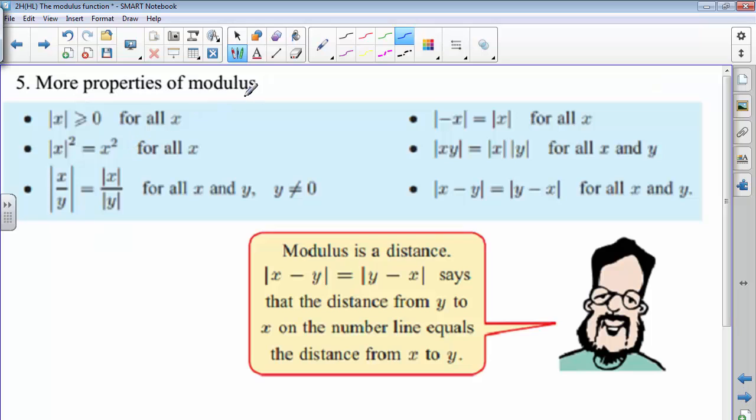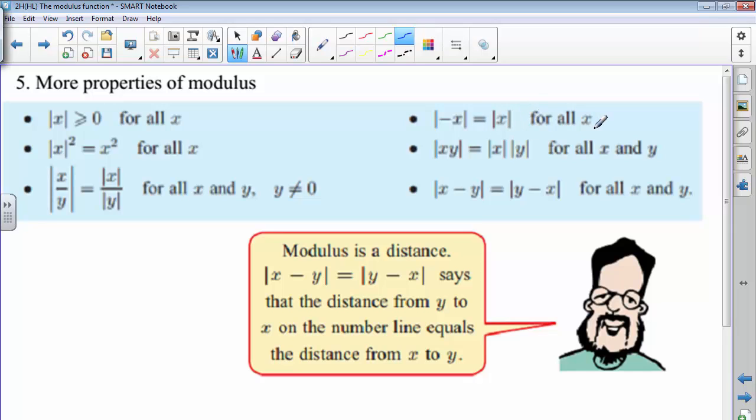More properties of absolute value. The absolute value of x is larger than or equal to 0 for any x value. The absolute value of x squared equals x squared for all x values. The absolute value of x over y equals the absolute value of x over the absolute value of y. The absolute value of -x is the same as the absolute value of x.